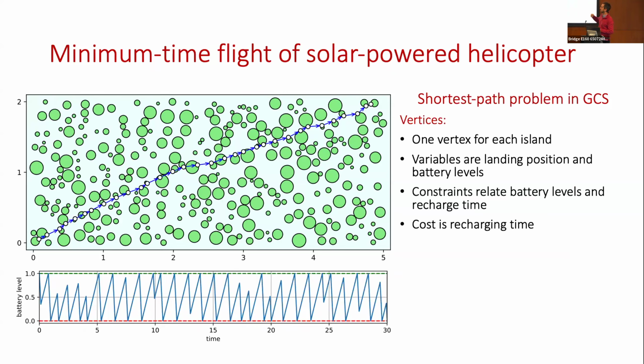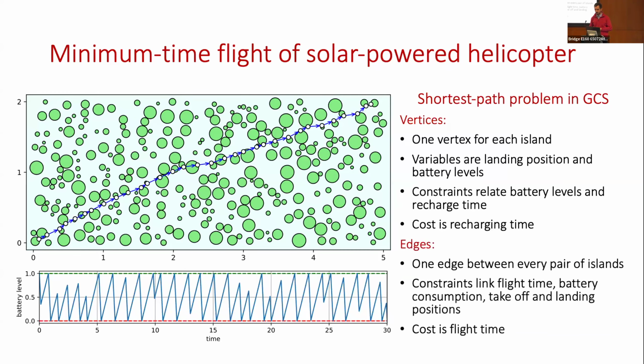You add one vertex to your GCS for every island. The continuous variables associated with every vertex are where you decide to land with your helicopter, in case you want to take a recharging break on the island, and also the battery levels before and after the break. Then you have constraints on the vertices that relate the battery levels and the recharge time, and you pay a price that is equal to the recharge time every time you open them.